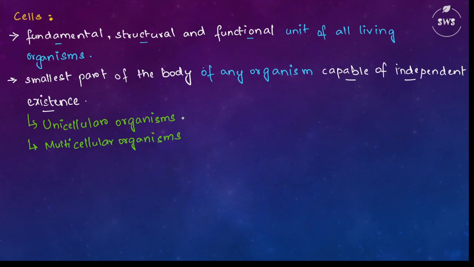Unicellular organisms are made up of one cell, a single cell, and multicellular organisms are made up of many cells.